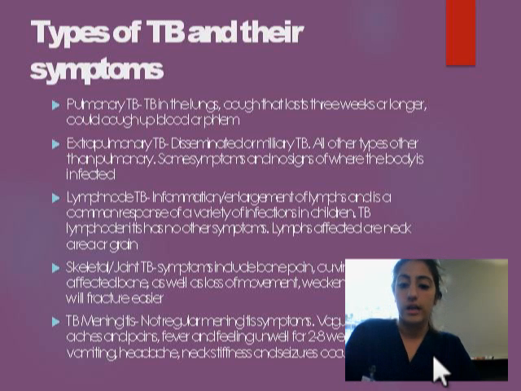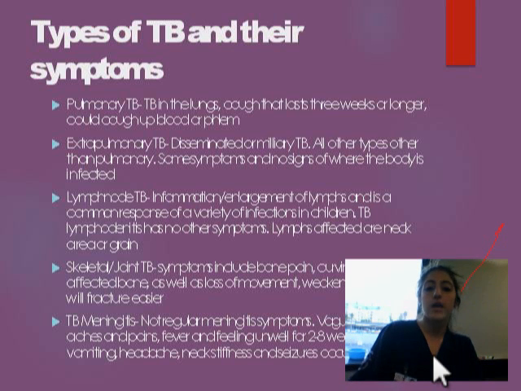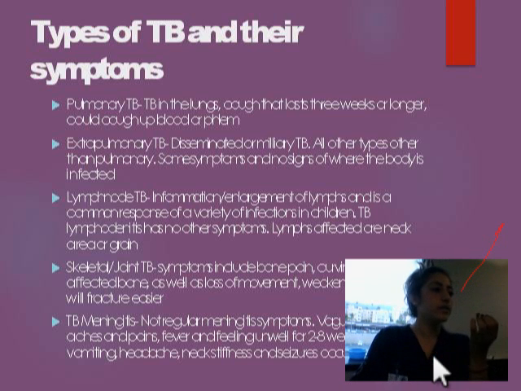There's also skeletal and joint TB, and these symptoms include joint pain or weakness of the bone, so you can get easy fractures and breaks, and also deformation of the bone.